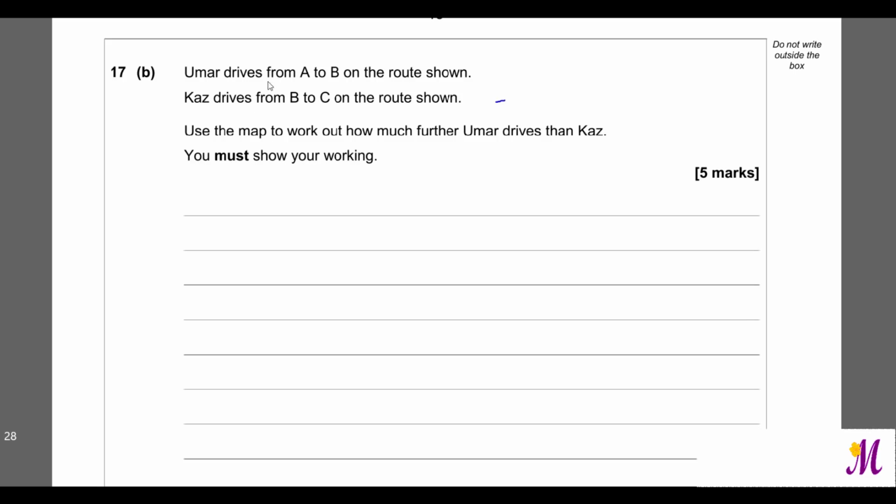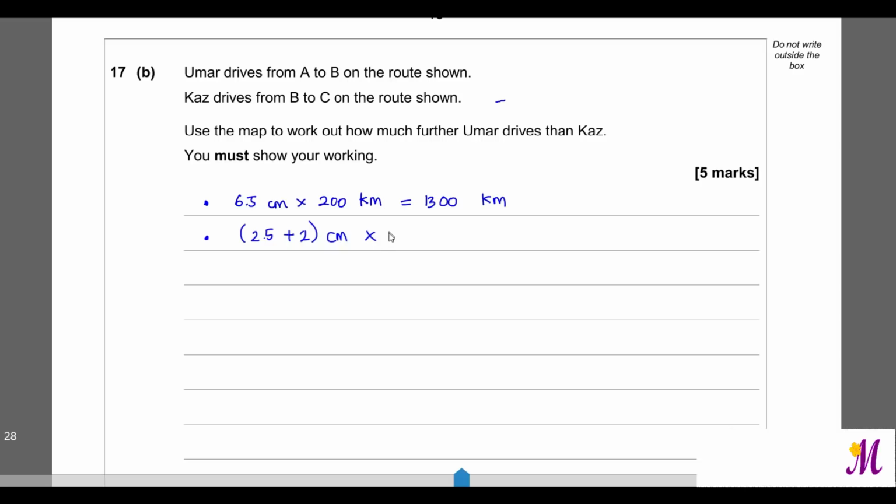So Uma, who drives from A to B, drove 6.5 centimeters times 200 kilometers for each centimeter. That is 65 times 2 is 130, and then you have 100 here. So she drove 1300 kilometers. And the second one, Cass, driving from B to C, drove through two segments, 2.5 and 2 centimeters, times the scale 200 kilometers.